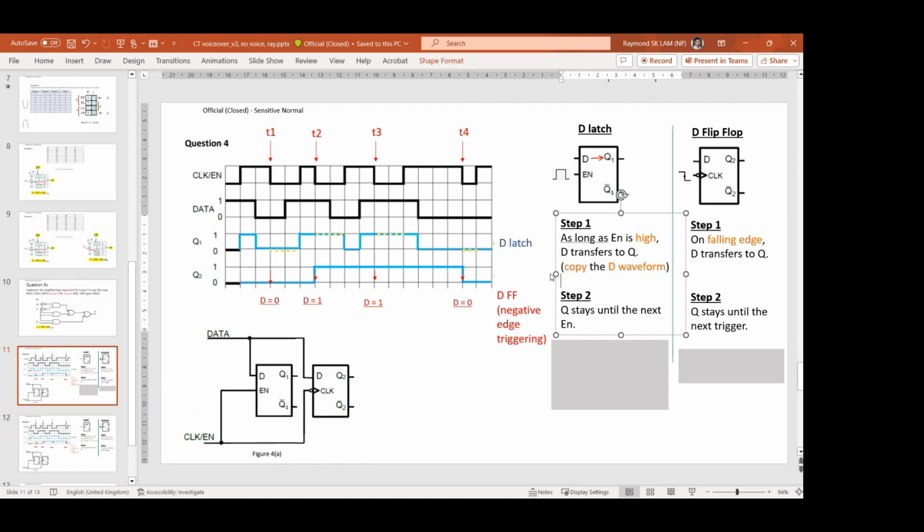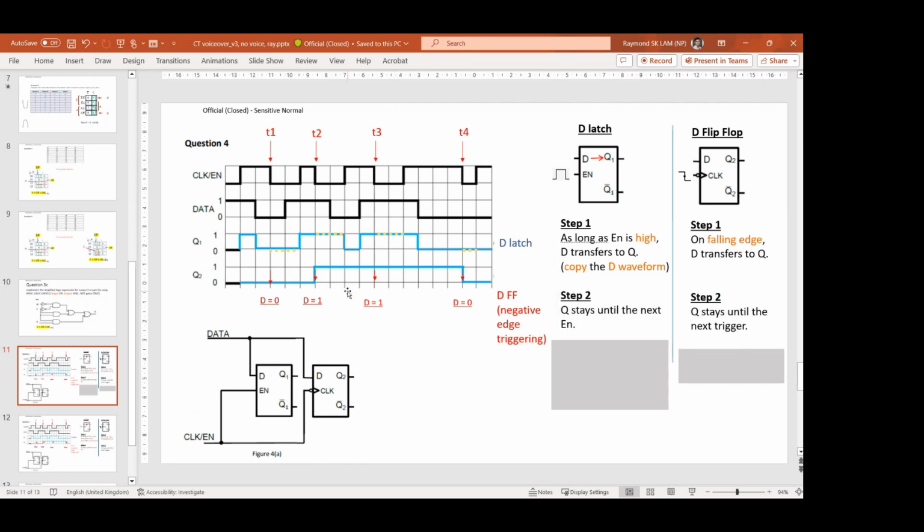Then after that, EN will shift to low, that will go to step 2. In step 2, Q will stay until the next enable. The concept is similar to this one. Q will stay until the next trigger; this one will stay until the next enable.